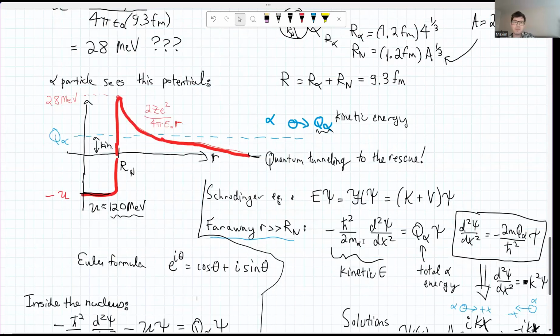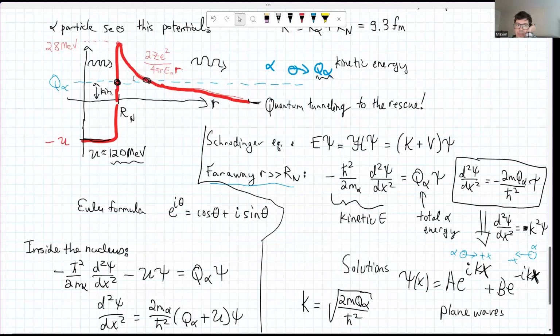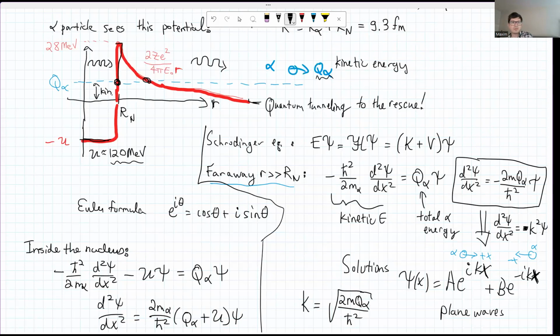And what happens in this barrier region? So here you have these kinds of plane wave solutions, and here you have these kinds of plane wave solutions. In between, you actually can break up the problem into a series of steps. You can imagine that this barrier is composed of a bunch of rectangular barriers like this.